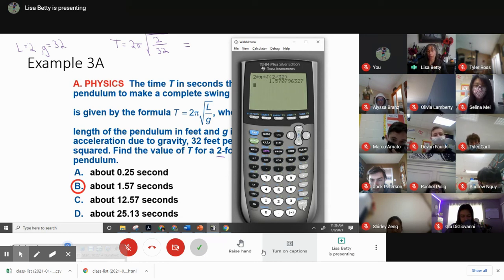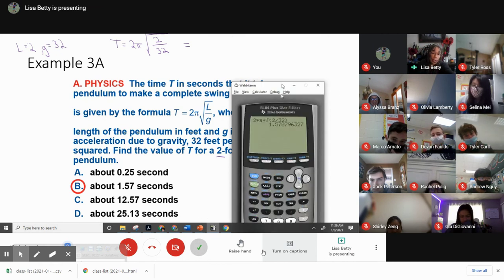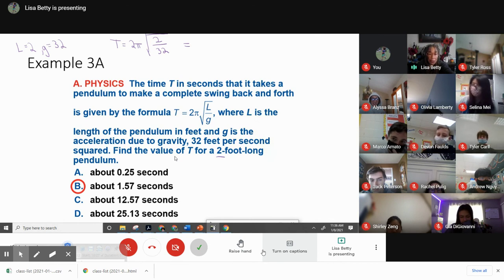And you should get 1.57. Make sure you can do that, okay? That's going to be the kind of thing you're going to have to be really, really good at. Defining your variables: it says 2 feet long, so that's L, and it says G equals 32, so they gave you everything you needed.